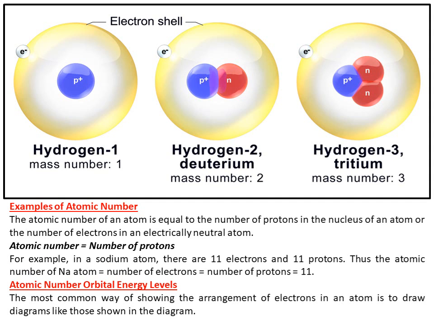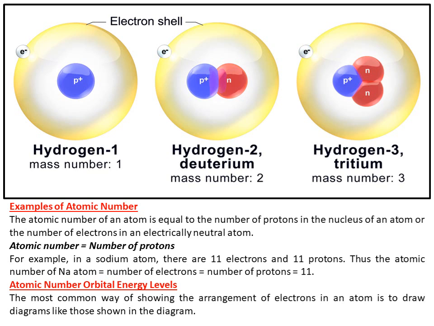Examples of atomic number. The atomic number of an atom is equal to the number of protons in the nucleus of an atom or the number of electrons in an electrically neutral atom. Atomic number is equal to number of protons. For example, in a sodium atom, there are 11 electrons and 11 protons.